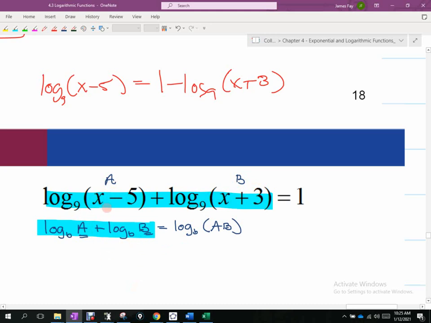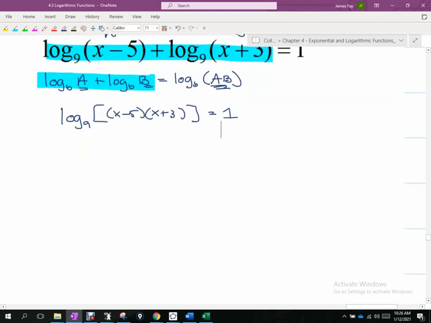So we're going to rewrite it as log base 9 of A times B, so x minus 5 times x plus 3. Is everybody okay with that?